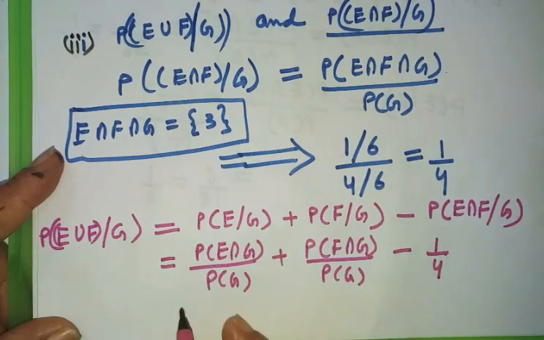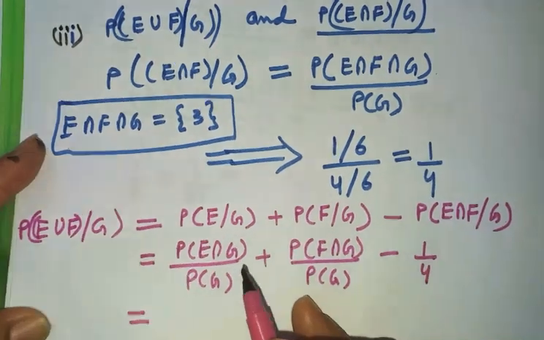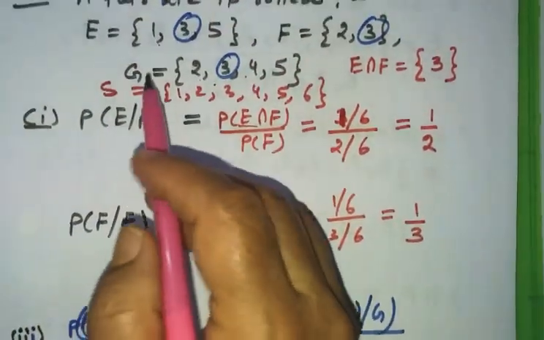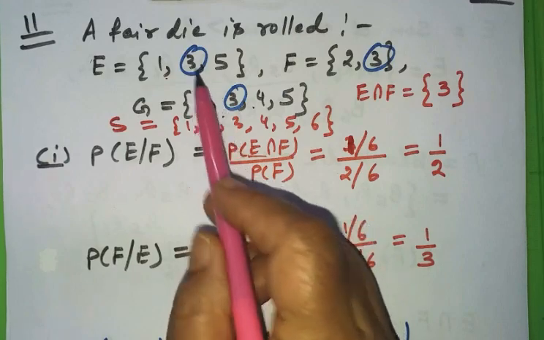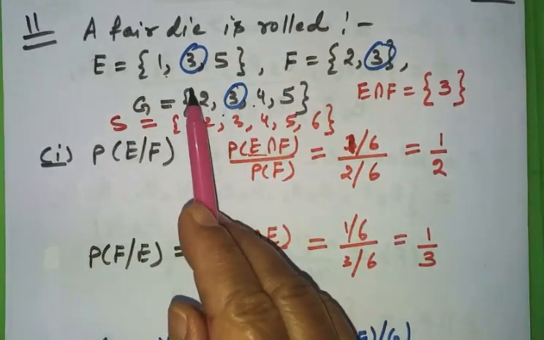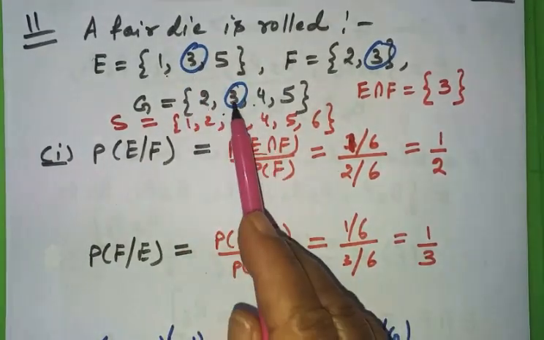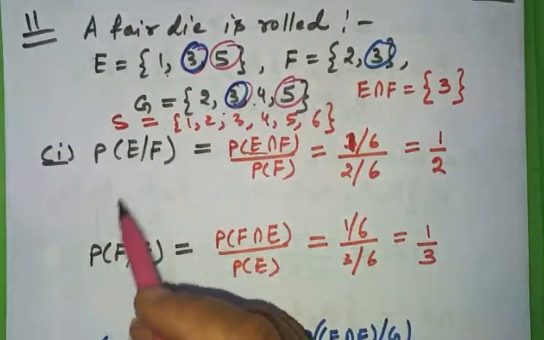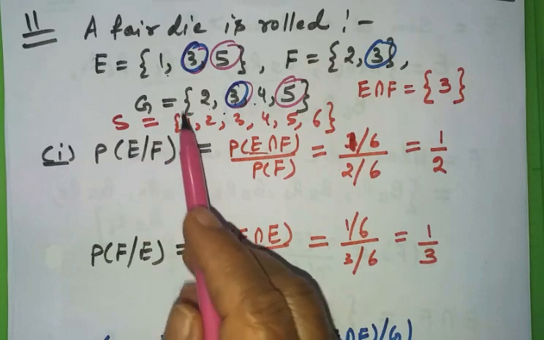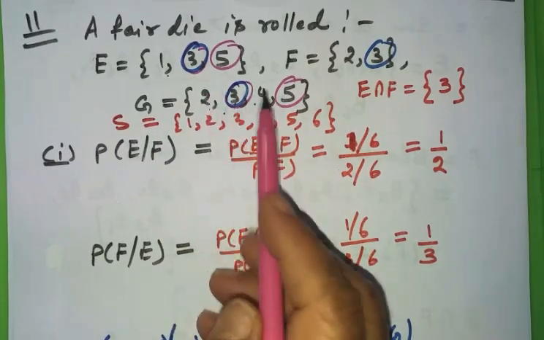So I substitute its value to be 1 by 4. Now look at E intersection G. Look at the sets E and G. What is common in these two sets? I think 3 and 5. There are two common elements, 3 and 5, in E and G. So E intersection G will contain two elements, 3 and 5.